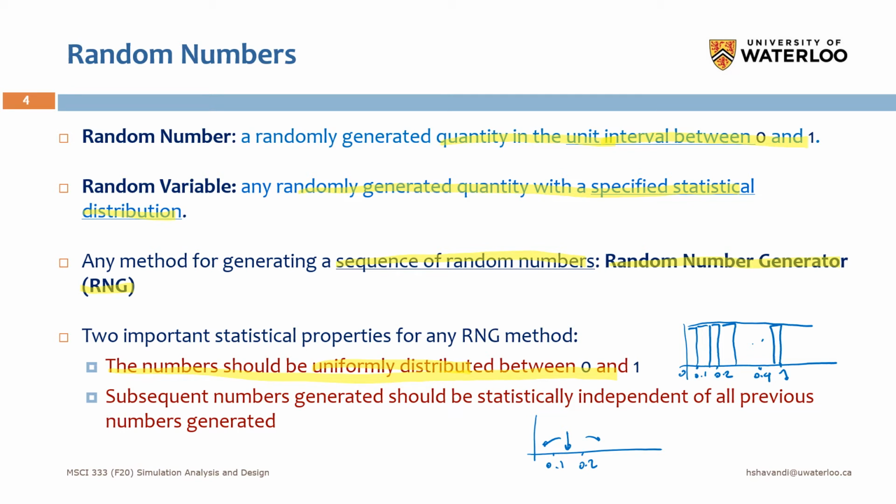This is called the independence property for a random number generator. If a method has these two properties, then we can call it a random number generator.